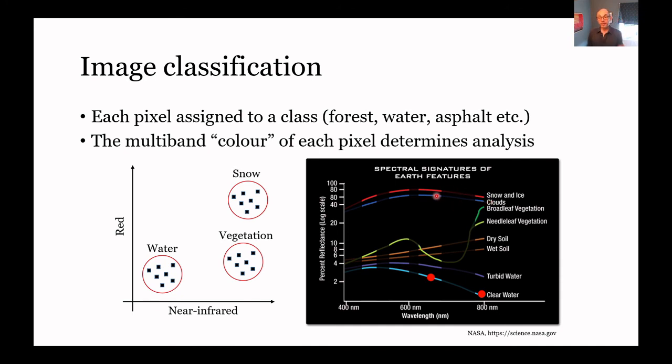Now we could separate these out more by using more bands, but as I said, can't visualize that very easily on the screen, so we'll just have to take it for granted that the computer can do this, can create this multi-band space. And more advanced methods now that are becoming more common are that we do this analysis where we make a best guess of what each pixel represents, and then we further analyze.